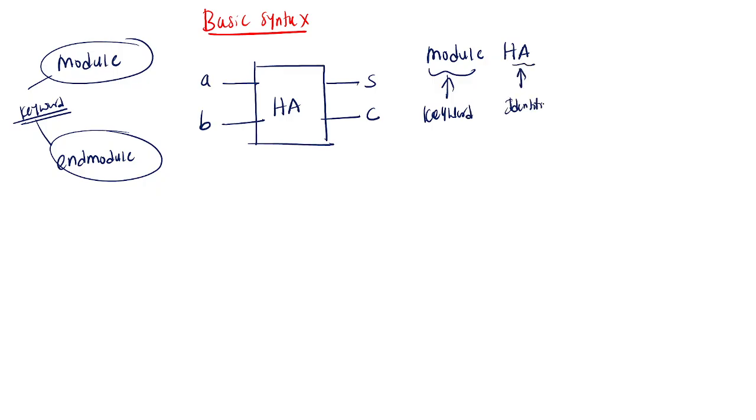And the port list. I need to declare the port list. Port list means here A comma B comma sum comma carry.